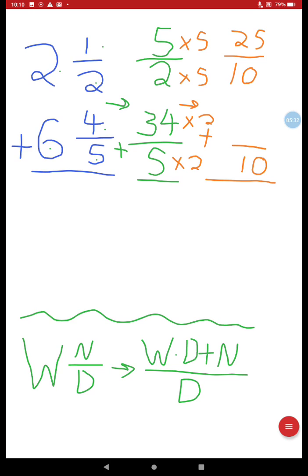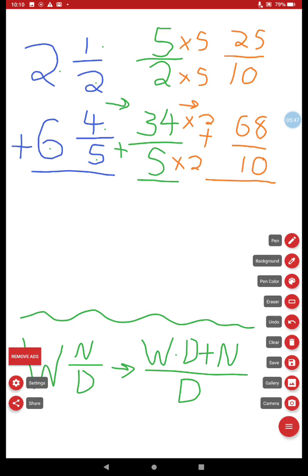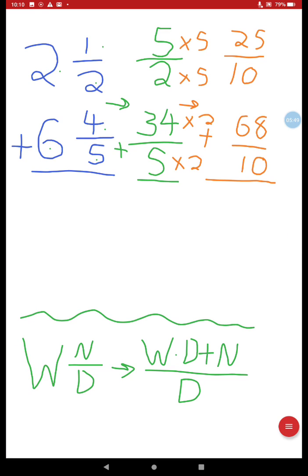This one's a little tricky, so let's ask ourselves. 2 times 4 is 8. 2 times 3 is 6, 68. All right, now that I have a common denominator, I can go ahead and add those together. 25 plus 68 gets me, let's see, 5 plus 8 is 13. Carry the 1. 1 plus 2 is 3. 3 plus 6 is 9. I got 93 over 10.